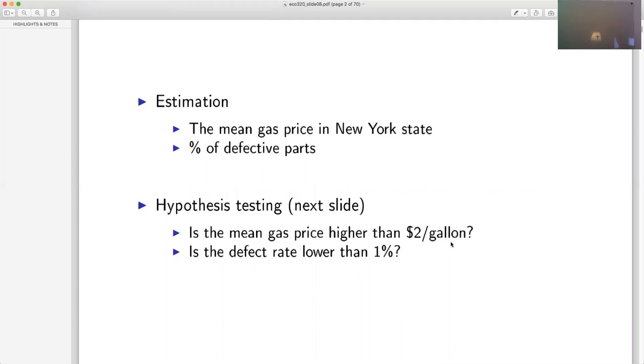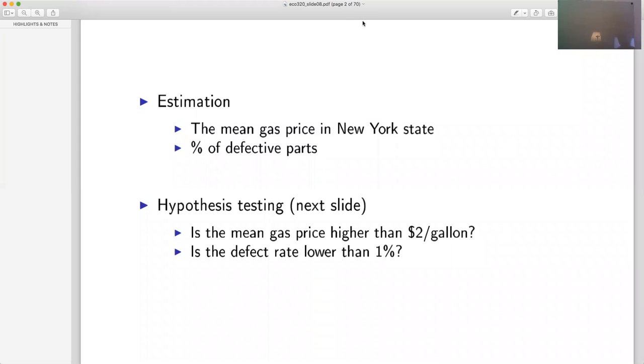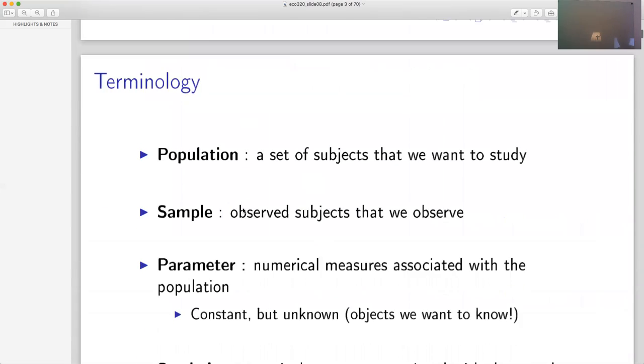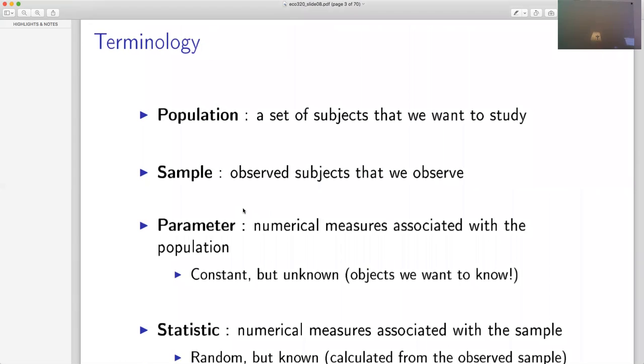So we are testing this against some hypothesis using some data. Another example, something relevant to economics, is: is the defective rate lower than 1%? Something like that.